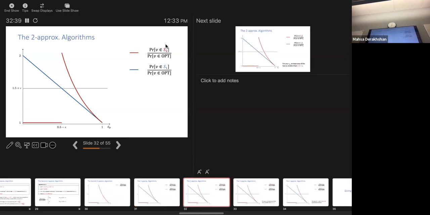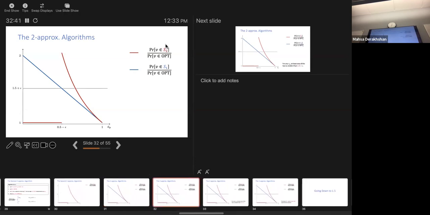An interesting observation here is that for any CV that you take here, at least one of these 2 plots is at most 1.5 plus epsilon. But you can verify that. Here is the red one. In this area, the blue one is always smaller than 1.5, right?